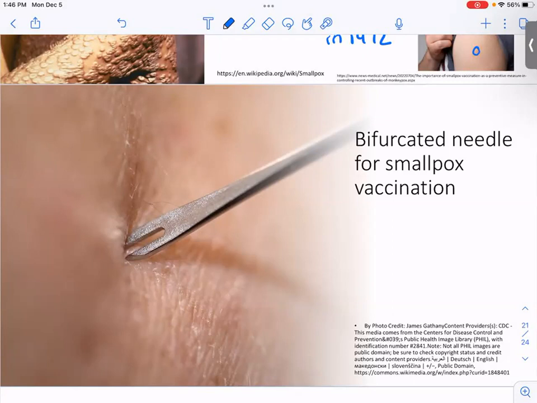Dr. Baxter had it as part of a study where the US was trying to understand after 9/11 if their smallpox vaccines were still good. So he was a guinea pig. He said he was really sick for a couple days, nausea, headache, all that kind of stuff. But it turns out that people that have had smallpox vaccine should be immune to monkeypox.